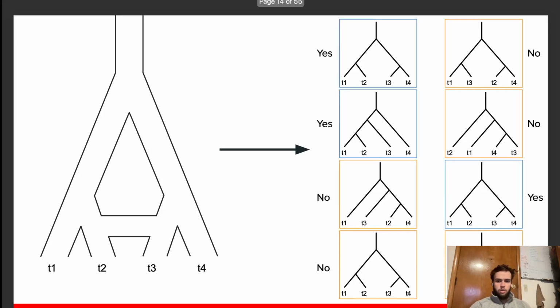And it would be great if we were able to mark them as to whether or not they have signal from this horizontal event. So here, yes, there's just the gene trees that do have some signal from this, and no is the ones that don't. This would be very nice for evolutionary biologists because we would be able to more accurately and in a more detailed manner trace the histories of different genes back in time.